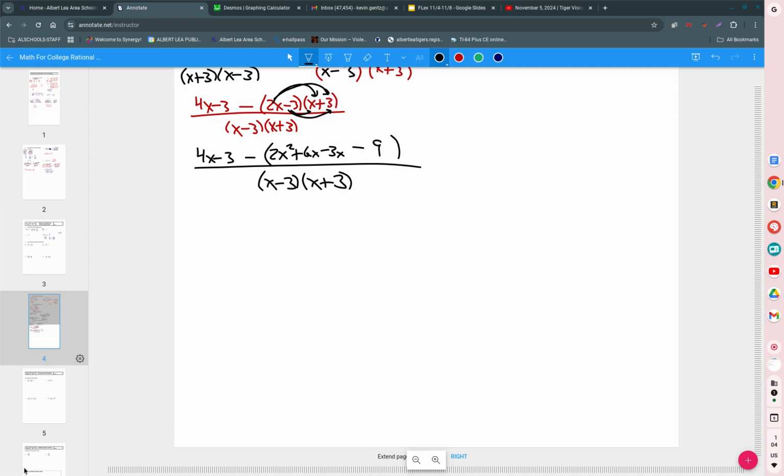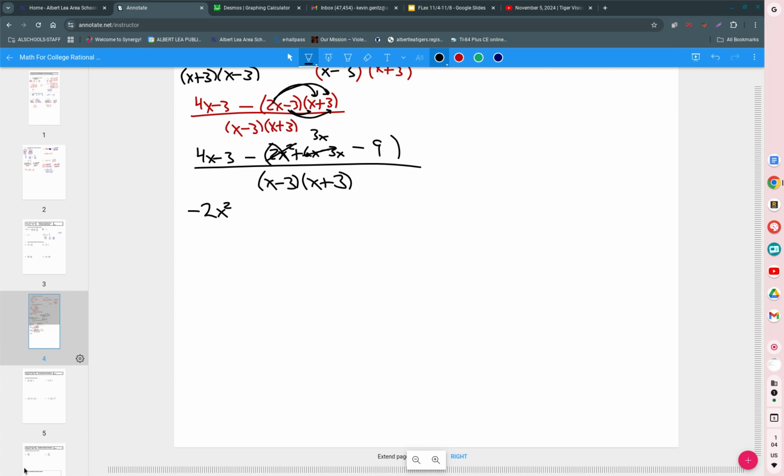The key here is to make sure you're handling your subtraction sign like you should. I'm going to start with my x squareds. Is it a positive 2x squared or a negative 2x squared? Negative 2x squared, that's gone. And then let's look at our x's. We have a 6x minus 3x is 3x, okay?